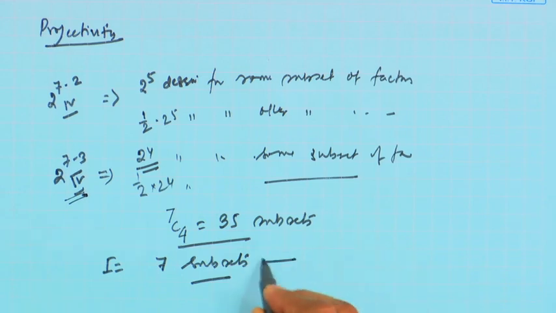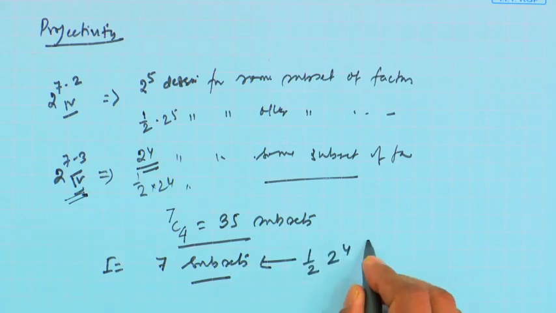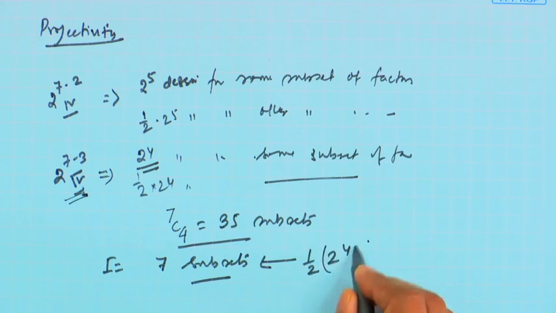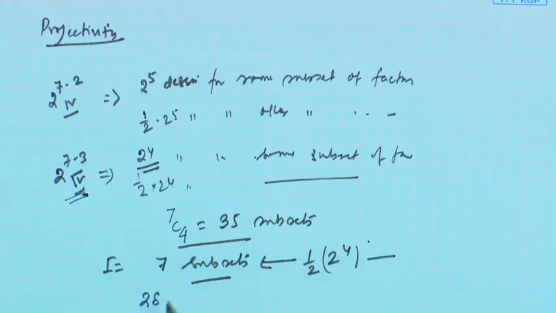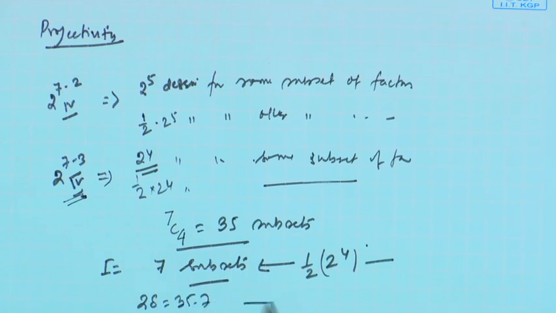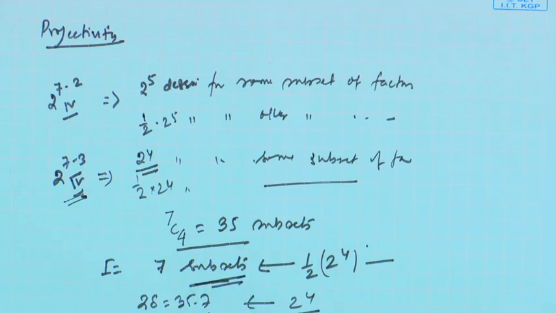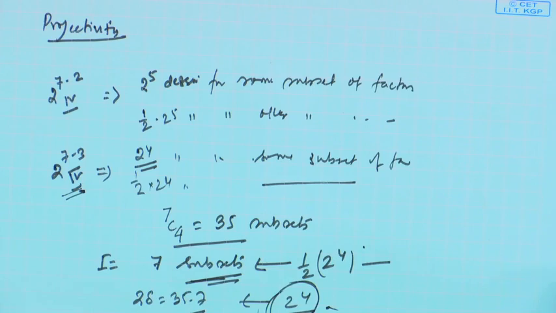That means those 7 subsets will have a 1/2 fraction of the 2 to the power 4 design, and the other 28, that is 35 minus 7, have the 2 to the power 4 full factorial design, which means it will collapse. Okay. So, this is what is given in the slide.